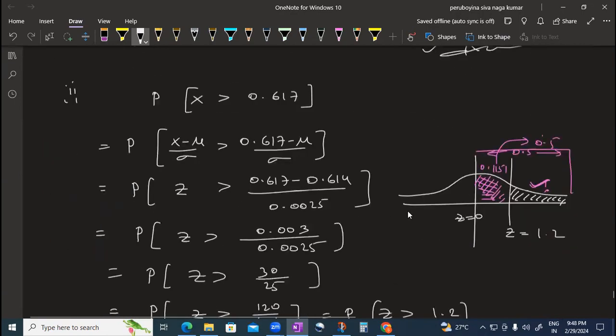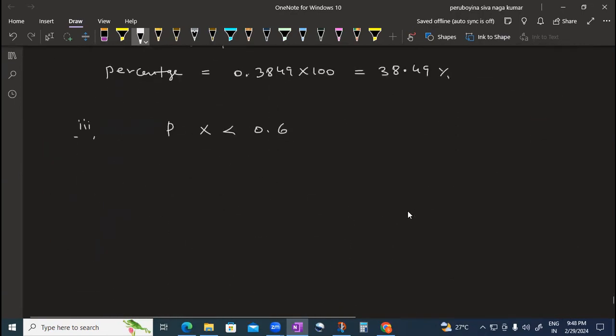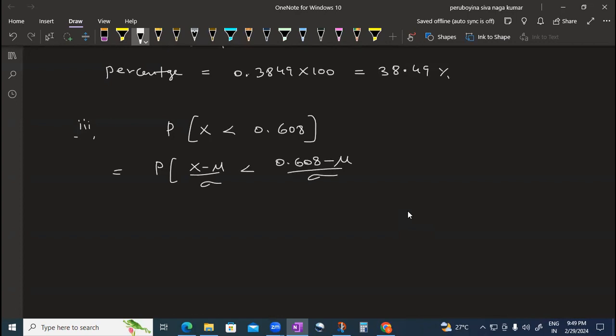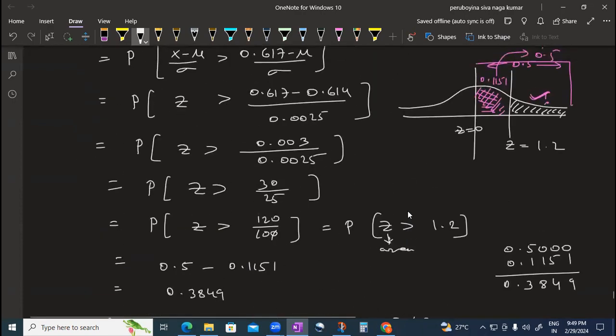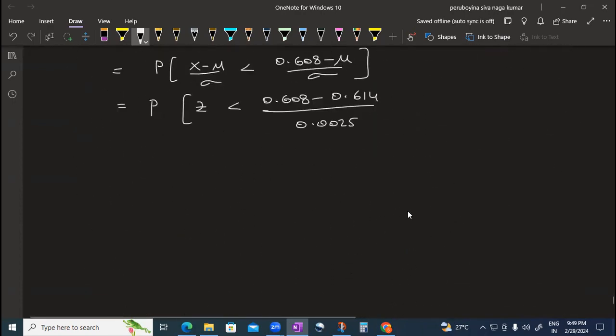Yes, 608. So now we will do the same. X minus mu by sigma less than 0.608 minus mu by sigma. That is equal to probability of g less than 0.608 minus mu, which is 0.614, by sigma, which is 0.0025. 614 is the mean. Okay.